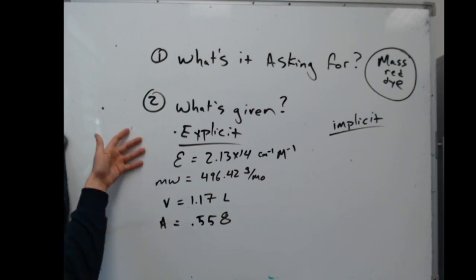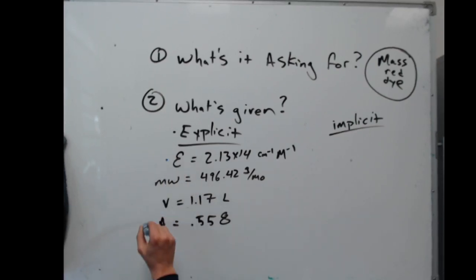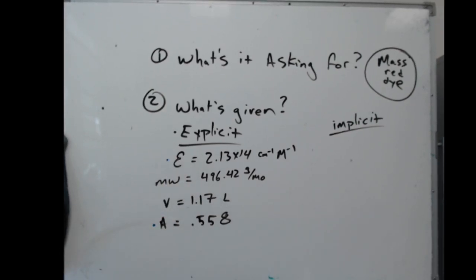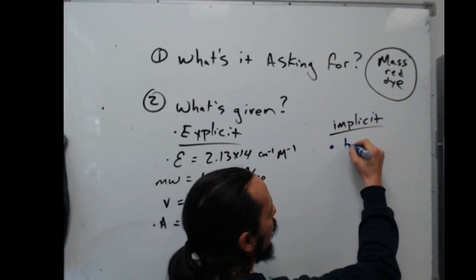What connections, given this information, what connections can you make? Now there's a few things that we should be able to spot right away. If we're given epsilon and we're given absorbance, whose equation are we going to use? What's the only equation that we've used in that? Yeah, Beer's law, right? So implied inside of this is going to be Beer's law.